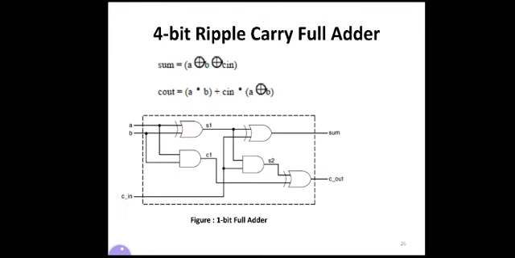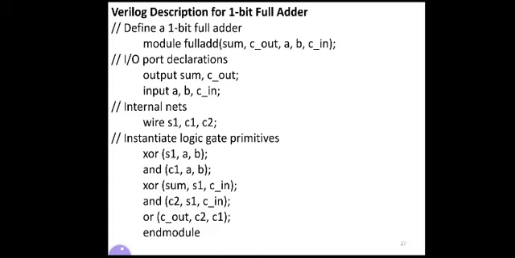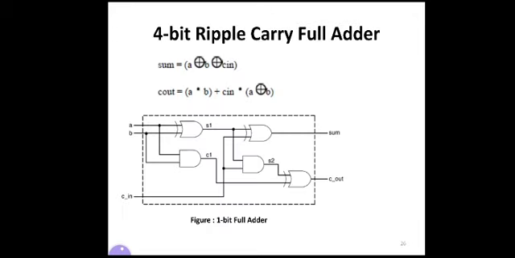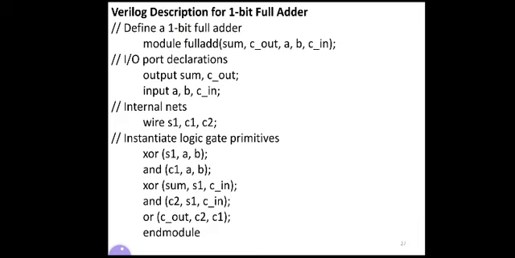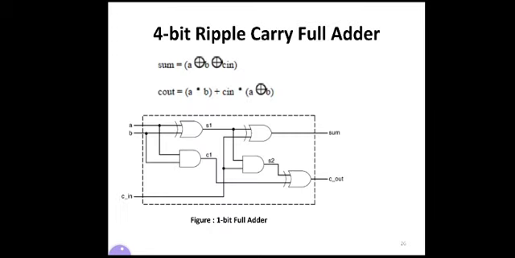Then followed by the AND gate. C1 is the output, A and B are the inputs. So AND C1, A, B. Then the second XOR gate has sum as the output, with S1 and Cin as inputs. So XOR sum, S1, Cin. Then one more AND gate, the second AND gate, whose output is S2 and inputs are S1 and Cin.